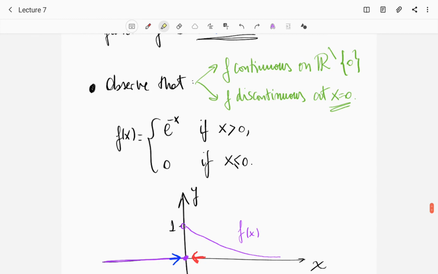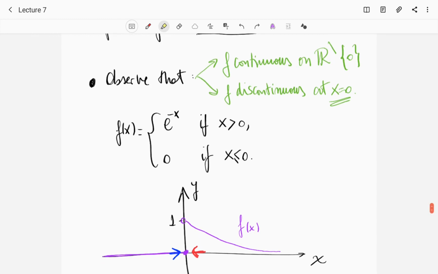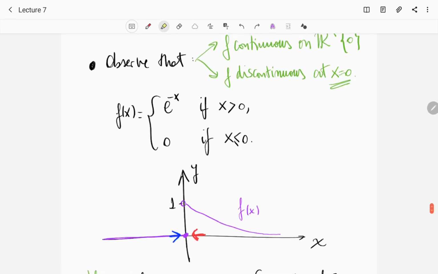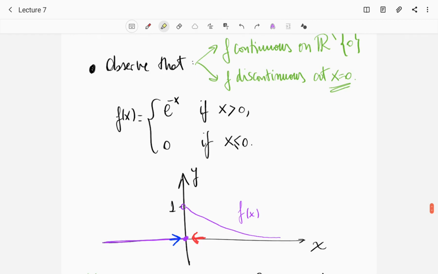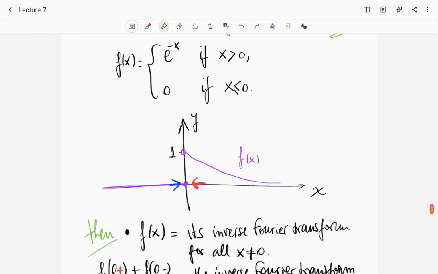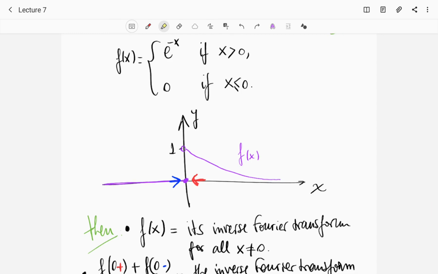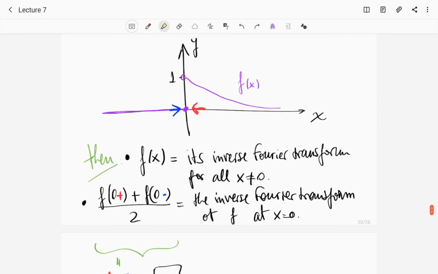Okay, more about this example. Remember that we have these two situations where f is continuous and discontinuous. For this example, remember the graph, f is continuous everywhere apart from x equal to 0. So we know that the inverse Fourier transform will coincide with f in the points of continuity, and gives us the average of the right and left limits in the points of discontinuity, in this case 0.